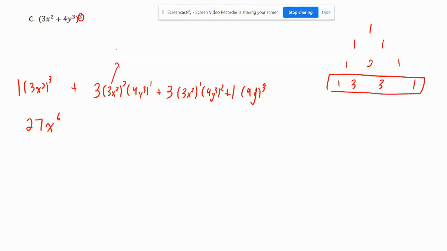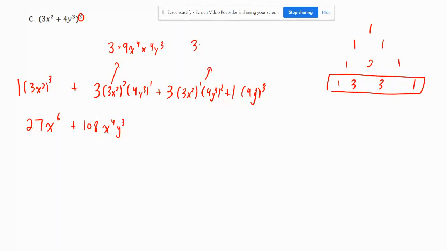Over here, we're going to get 3 times 3x squared squared is 9x to the 4th times 4y cubed. 3 times 9 is 27 times 4 is 108 x to the 4th y cubed.